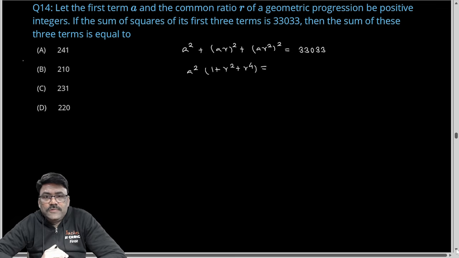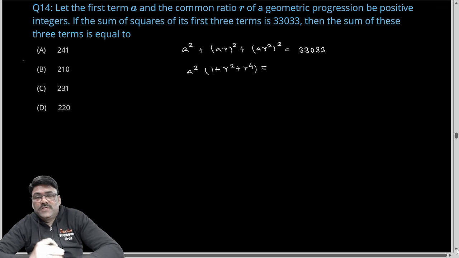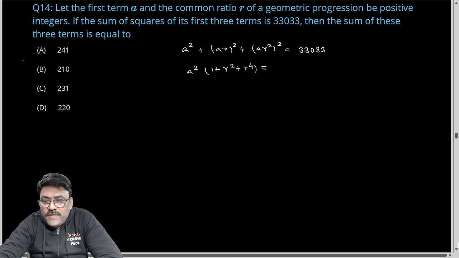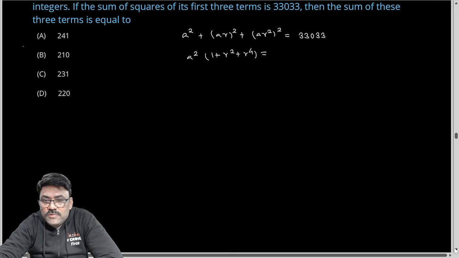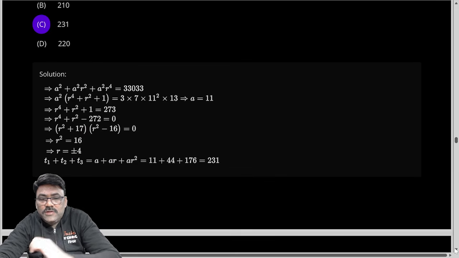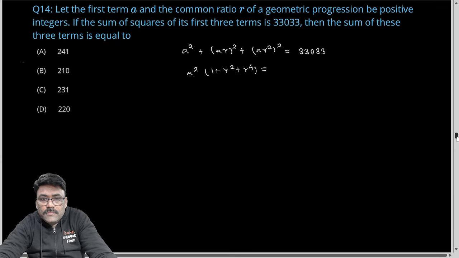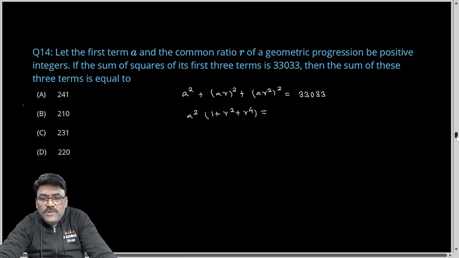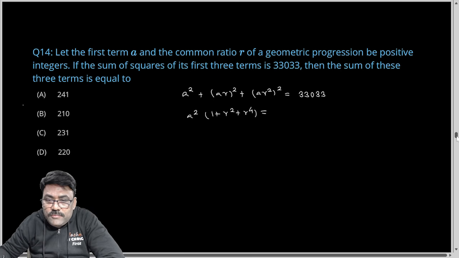So what I will do now, I will do the prime factorization of 33033. If I do the prime factorization, I get 3 into 7 into 11 square into 13.